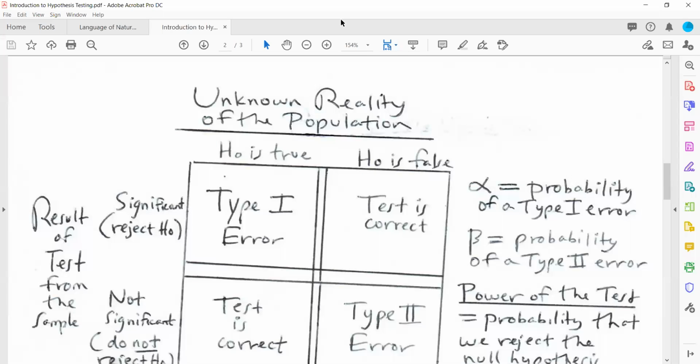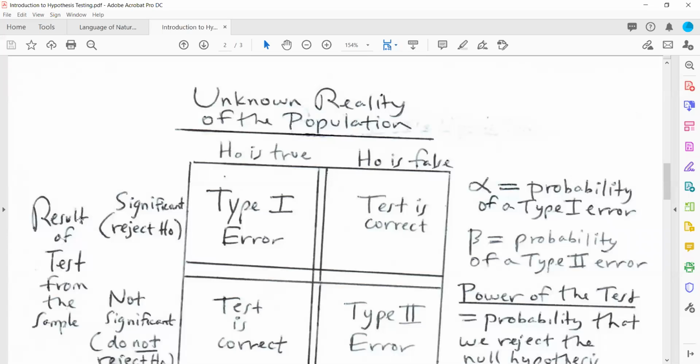We would just know what it is. So the unknown reality out there is that either the null hypothesis is true or it's false. We don't know, but we're going to use our sample statistics to test to see if there's enough evidence to think that it is true or whether it's false.